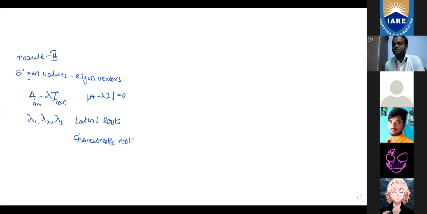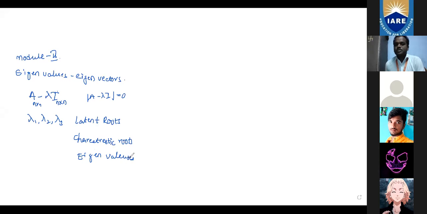So we can write latent roots, characteristic roots, and next, eigenvalues.